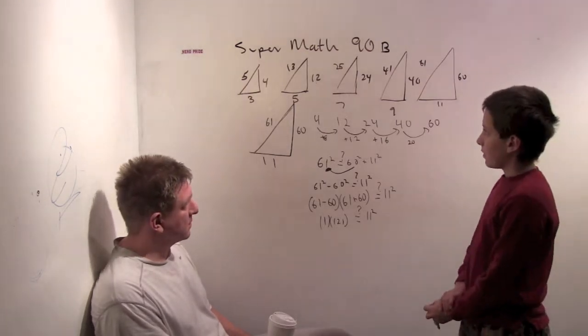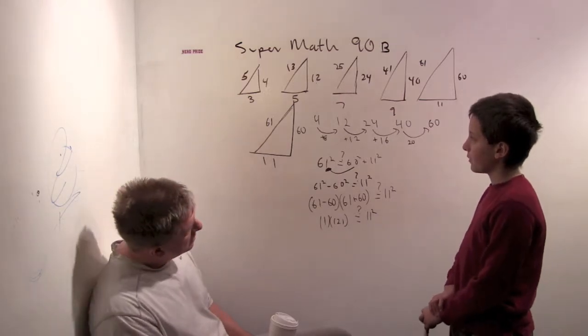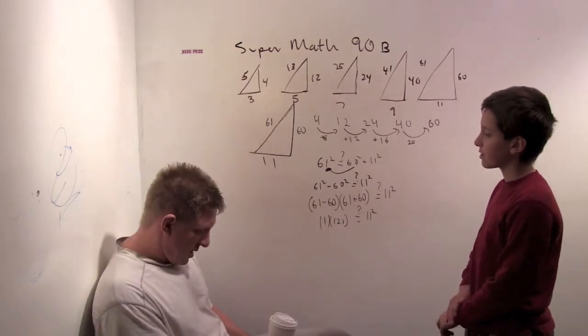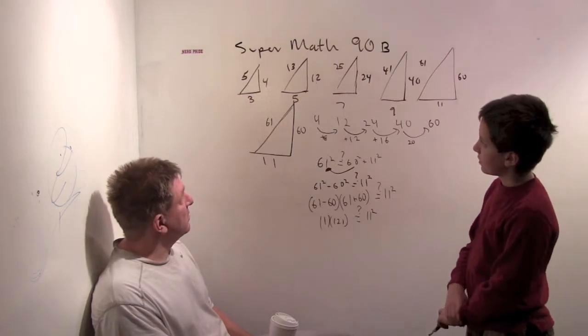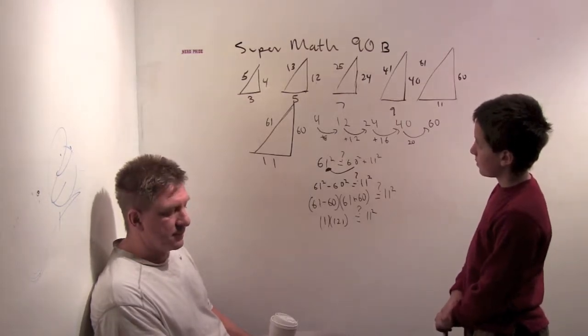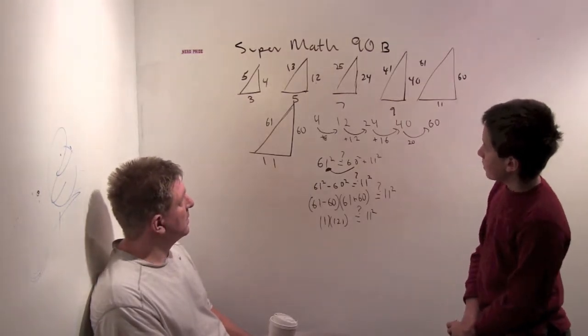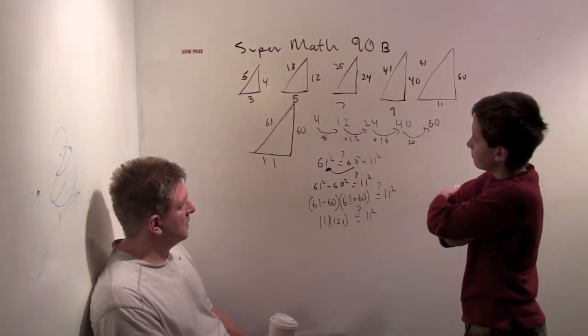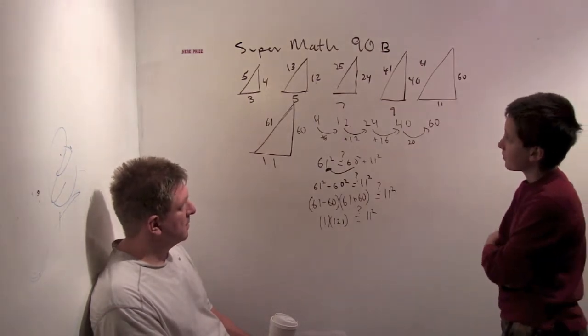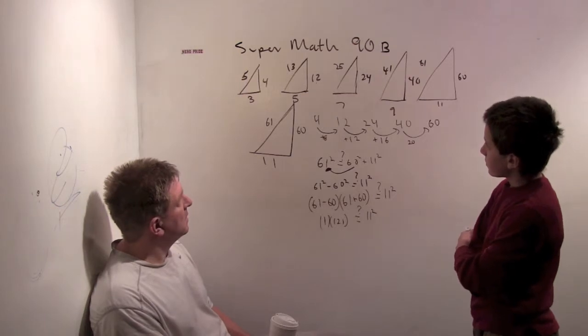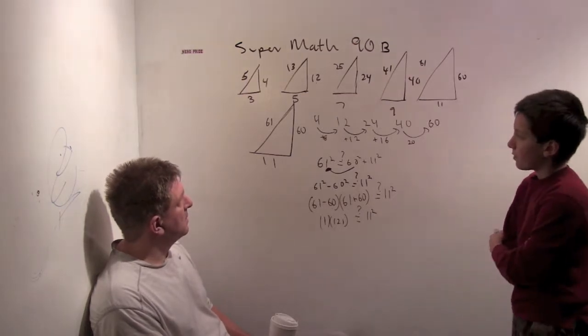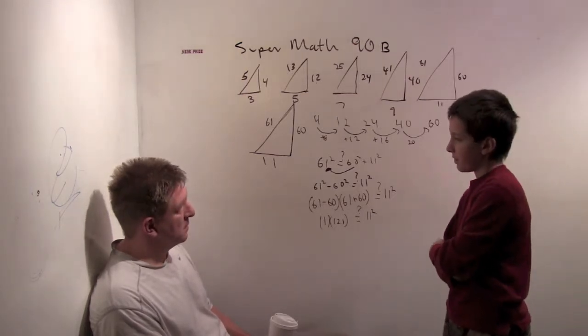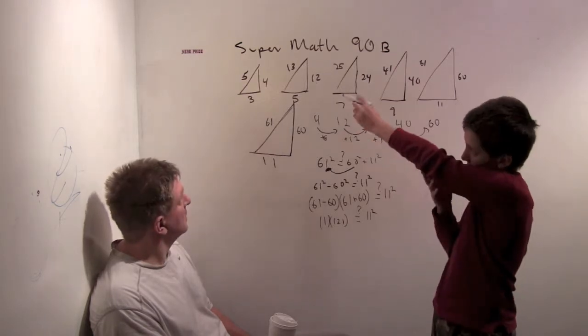Well, is it going to relate all the sides? Yeah, it is a pattern that does relate all of the sides together. So we could look at the sum, maybe, of what the sides are.